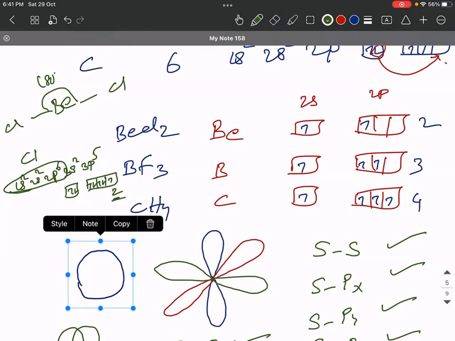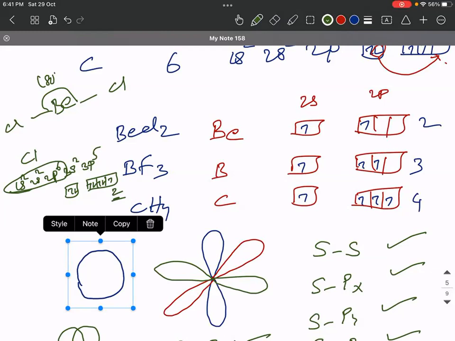Then they came to the conclusion that the 2s and 2p orbitals, which are approximately equal in energy, will undergo hybridization. It will form a new set of orbitals which are equal in energy and equal in shape. Everything will become the same. It differs from the s and p orbitals.